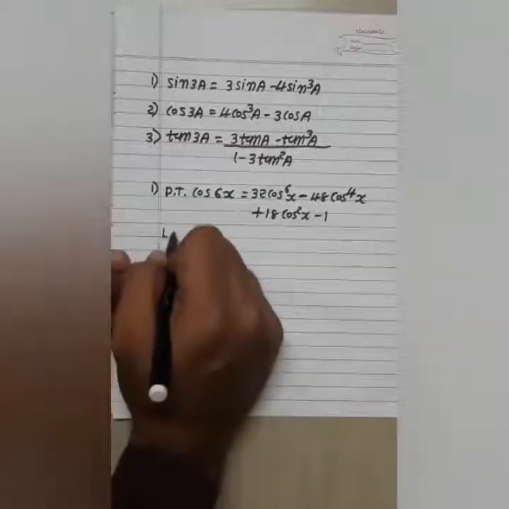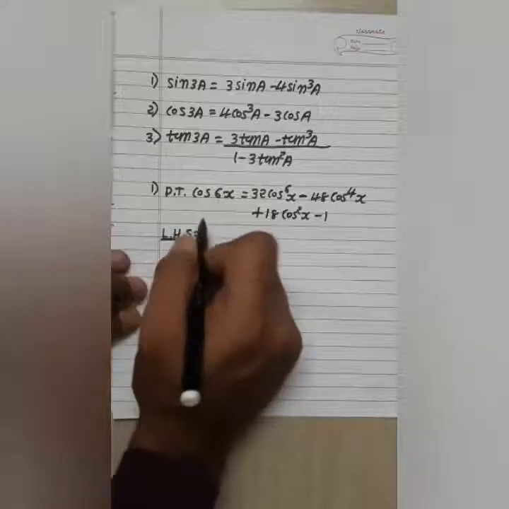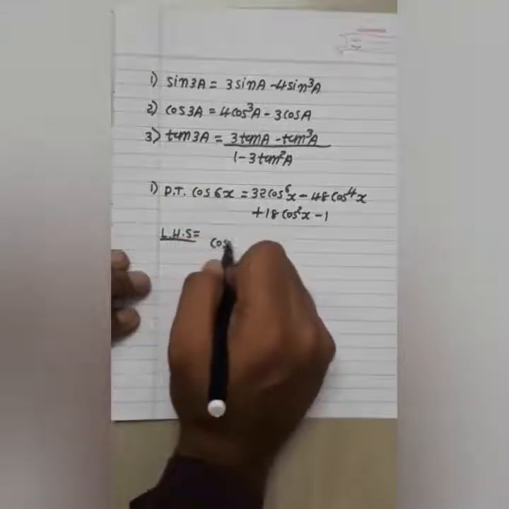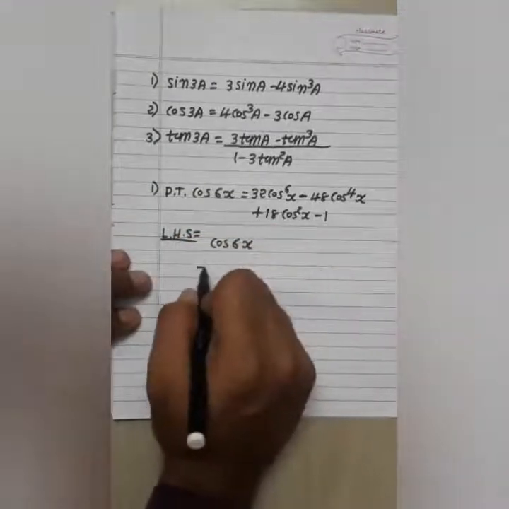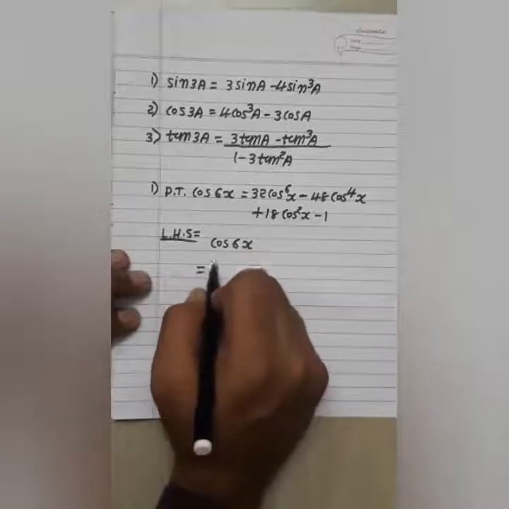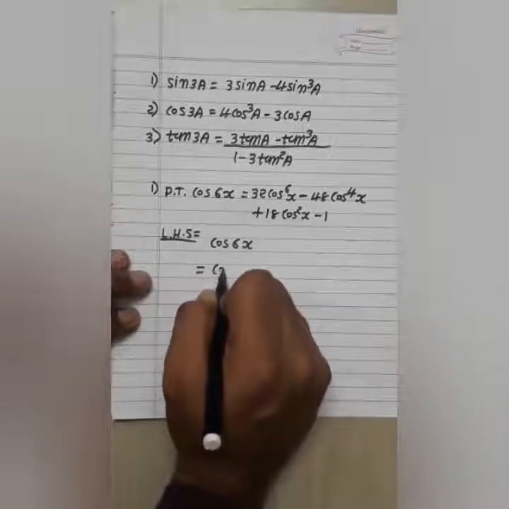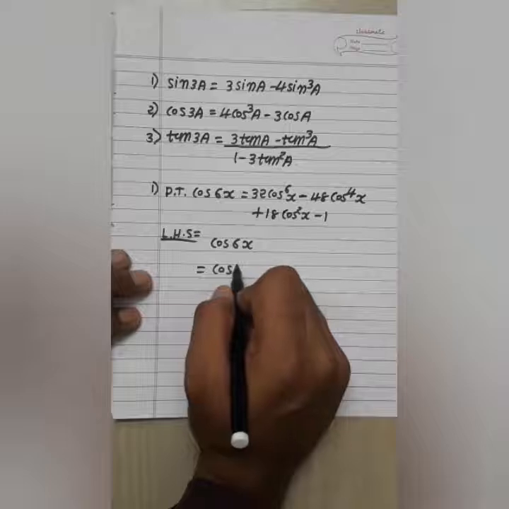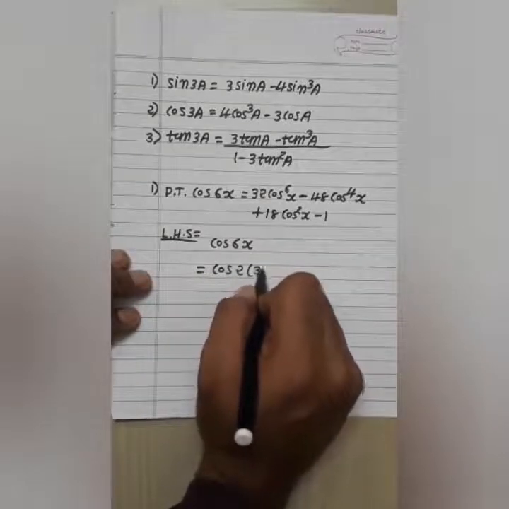So start from the LHS side. Cos 6x, in place of this, write cos 2 into bracket 3x.